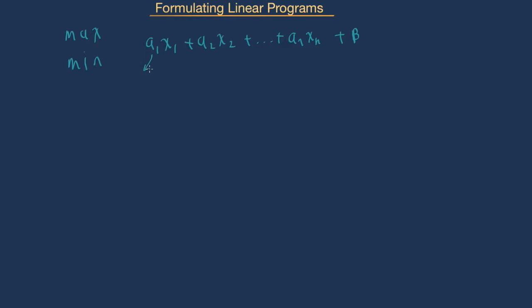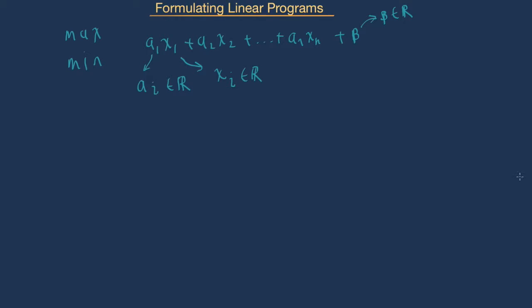Each of these ai are real numbers, real coefficients, and these xi are our variables that we'll later have constraints for. And beta is a real number as well.